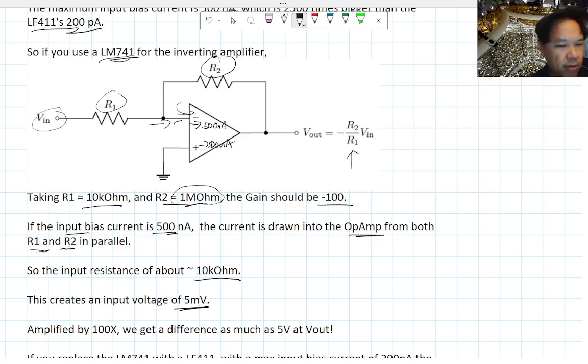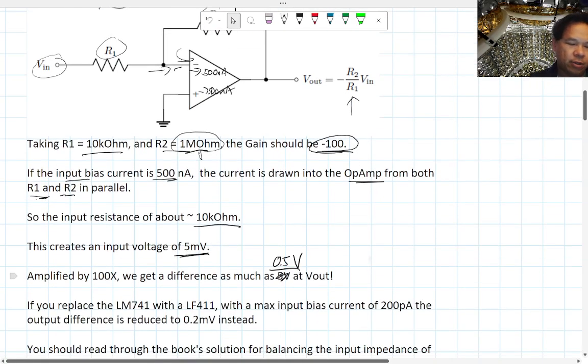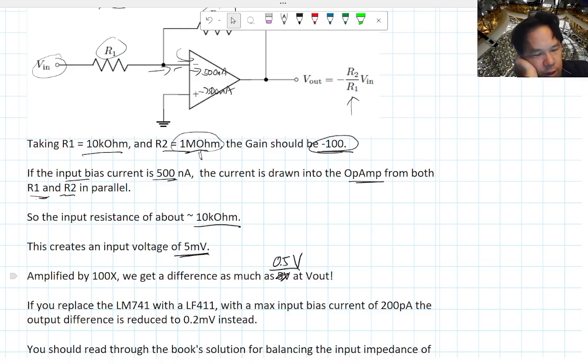So 5 millivolts is not a big deal, but if you place such a large amplification on this, if you multiply that 5 millivolts by 100, this should be 0.5 volts. So you're going to get a half volt difference on the output because you have this input bias current that you cannot get rid of because of the design and manufacturing of your op amp.